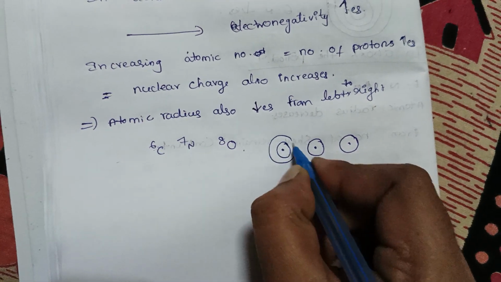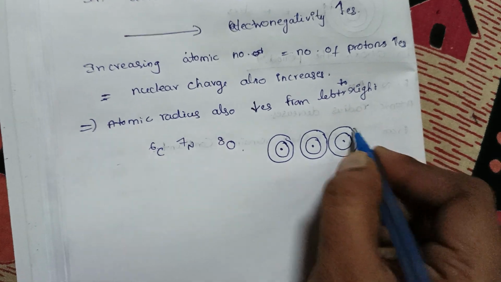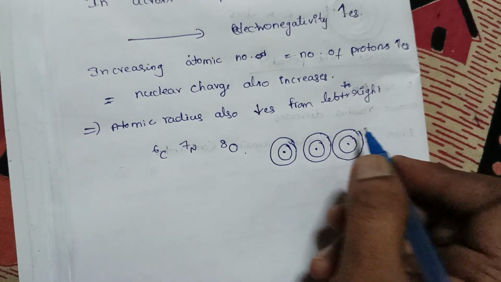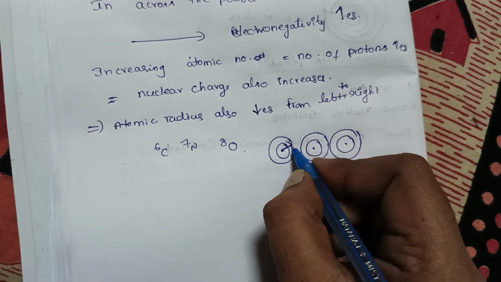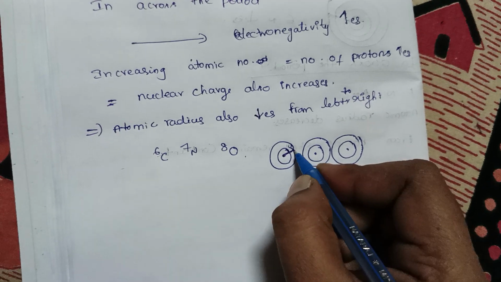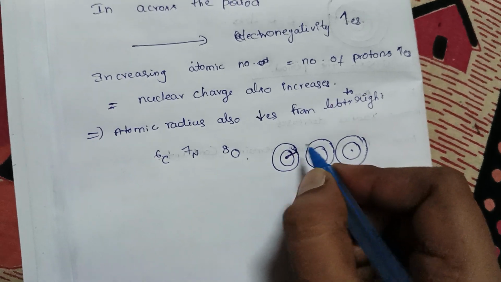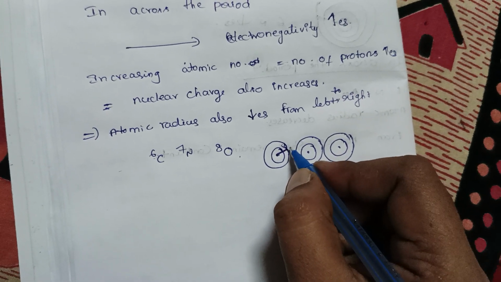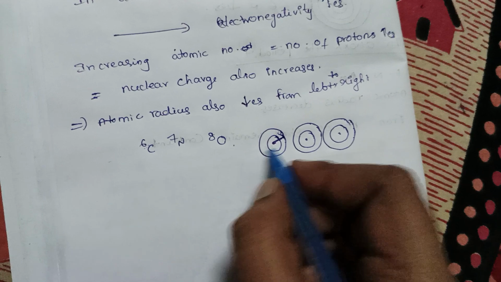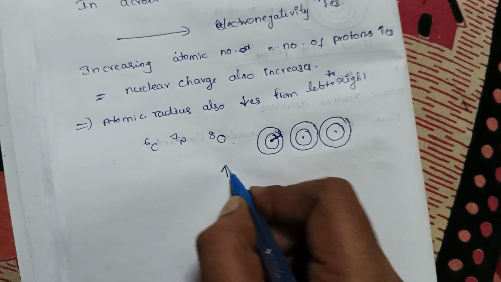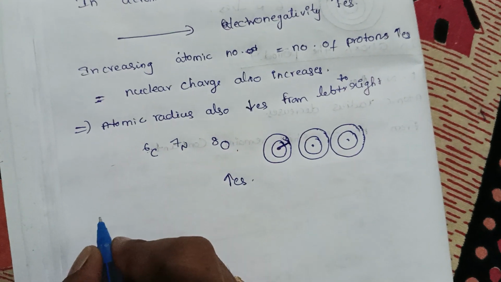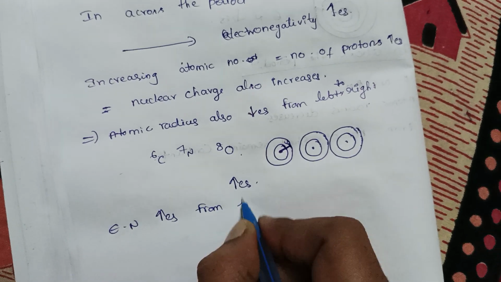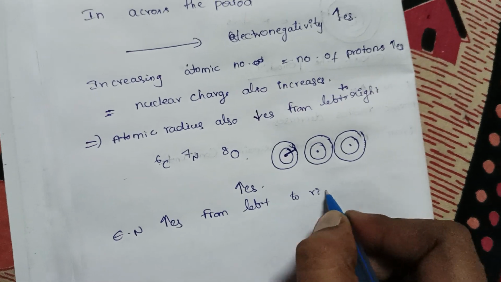The number of shells remains constant in a period. So the distance between the nucleus and the outermost orbit is very small, and it is very easy to attract electrons from the outermost orbital. Whenever the distance is less, electronegativity increases. So here we conclude electronegativity increases from left to right.